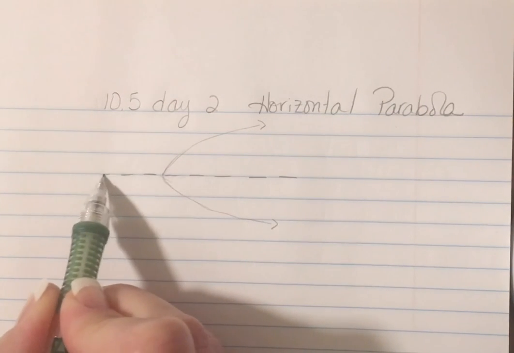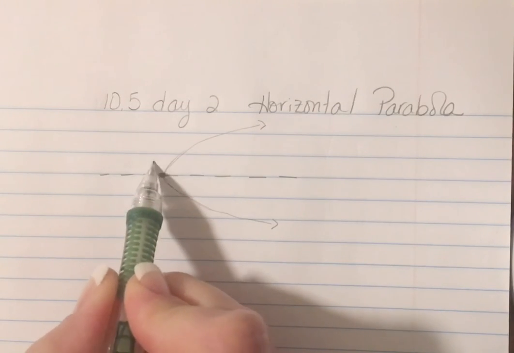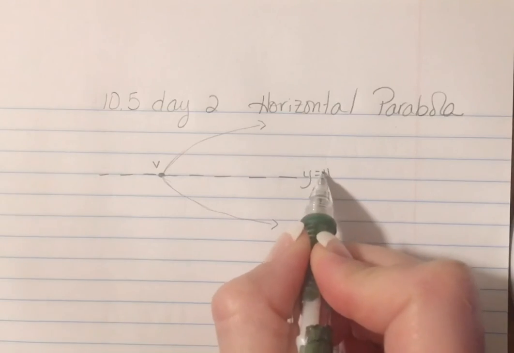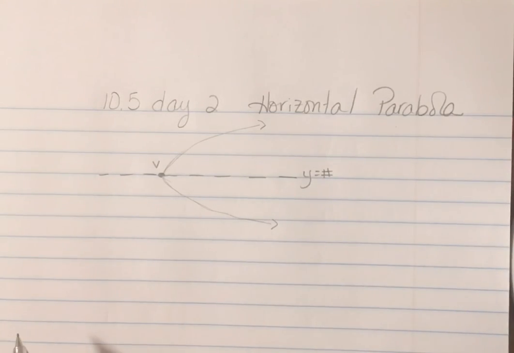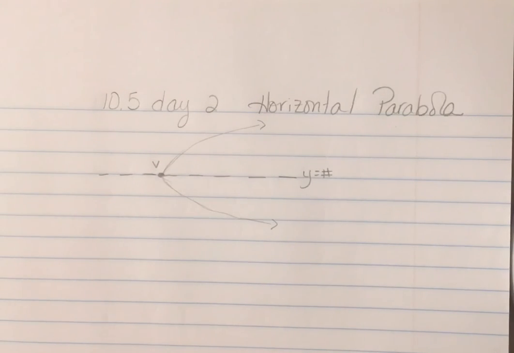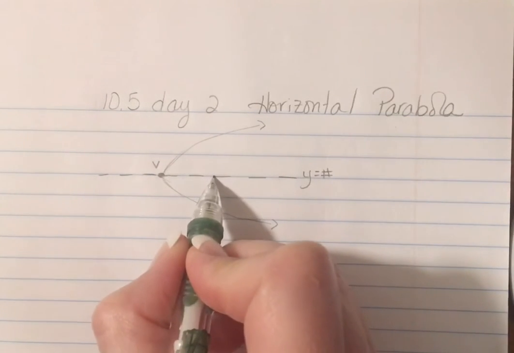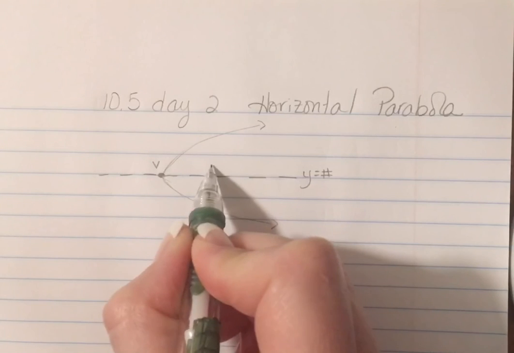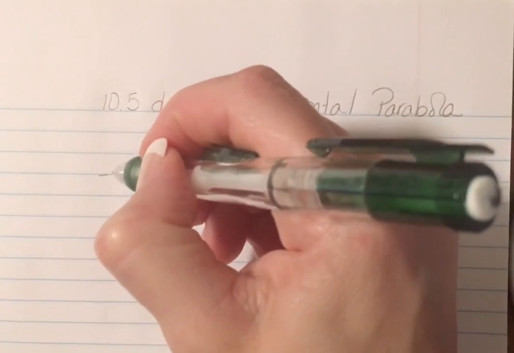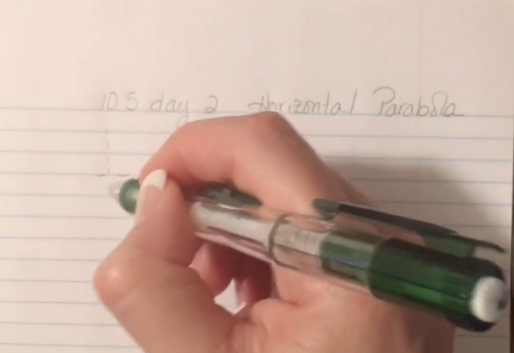So not only is it horizontal, but the axis of symmetry is also y equals a number, instead of before, when it was vertical and x equals a number. The focus is inside the parabola. The directrix is now a vertical line.